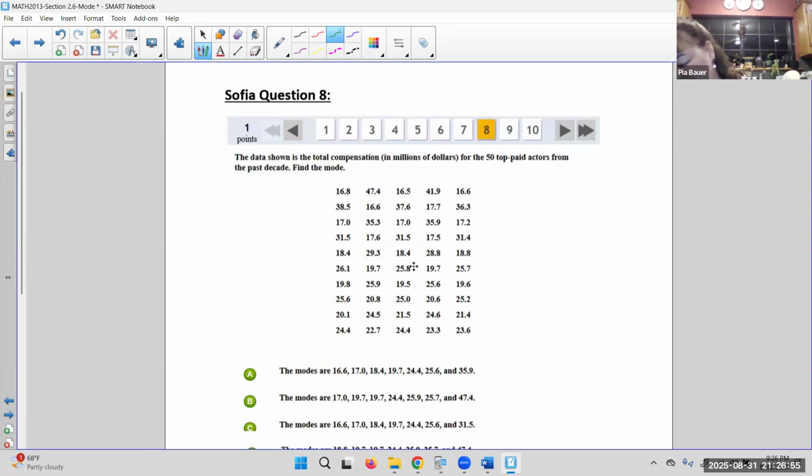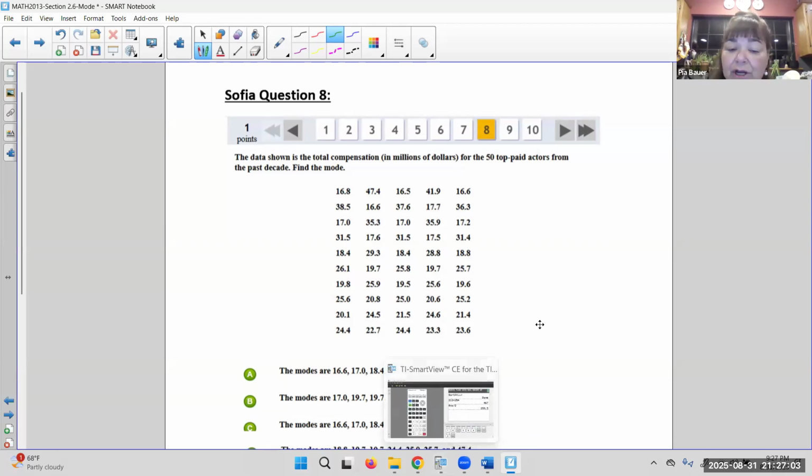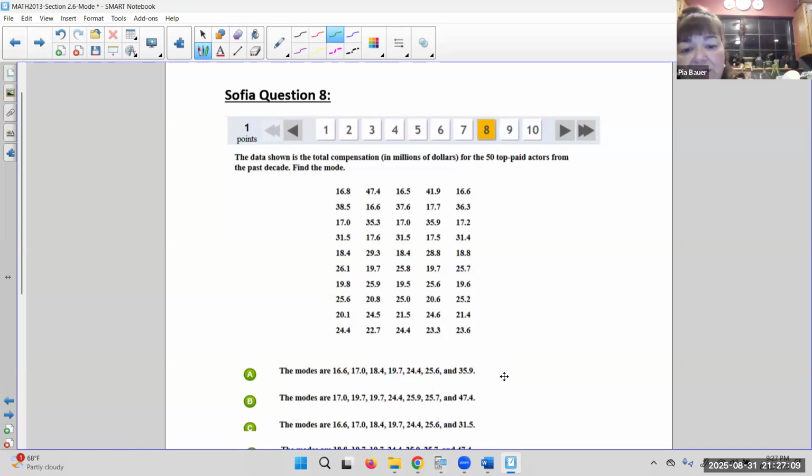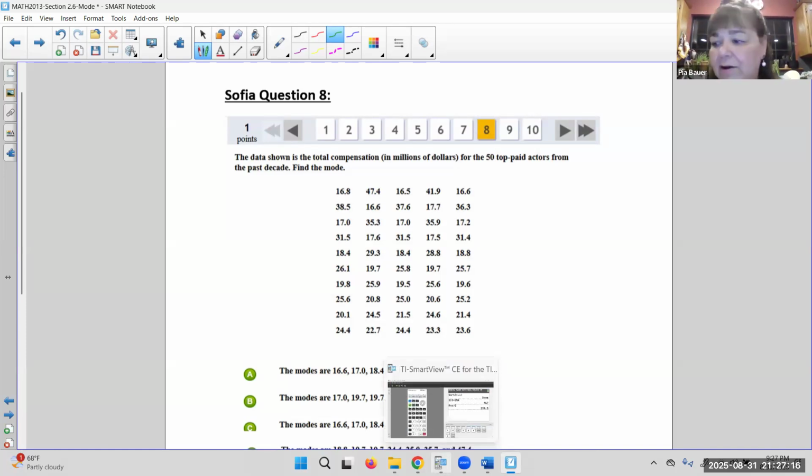Now, there is enough data here that I think it might not be a bad idea to enter the data on the calculator. Now, you don't have to. I mean, you can find the smallest and the largest one and start counting how many times they repeat. But I find it kind of helpful to do that. So I always like to take a picture of this so I don't have to be going back and forth.